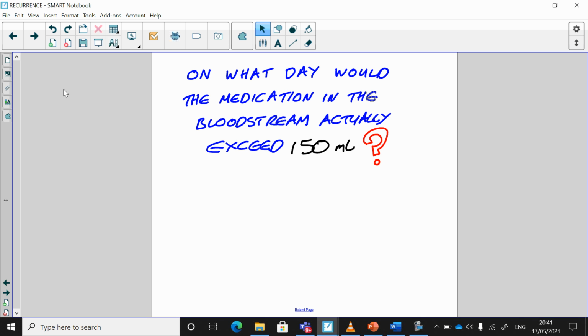You can rewind, but it was below 150. So how many days could you actually continue to see if it actually did exceed 150? Because if you can calculate that, it might let you know that you could continue this for a certain level of time.